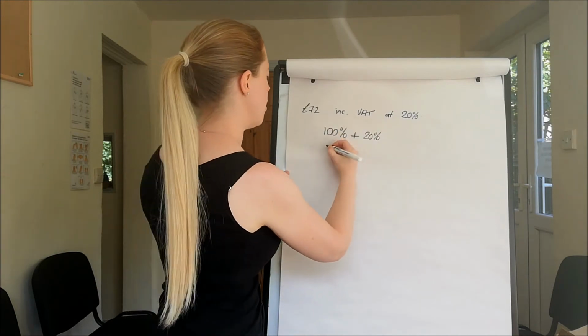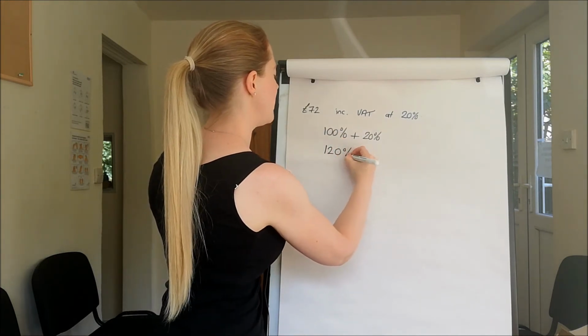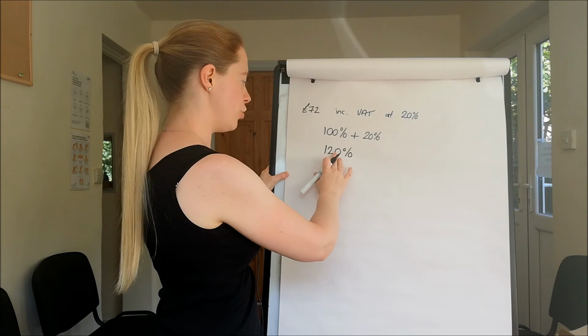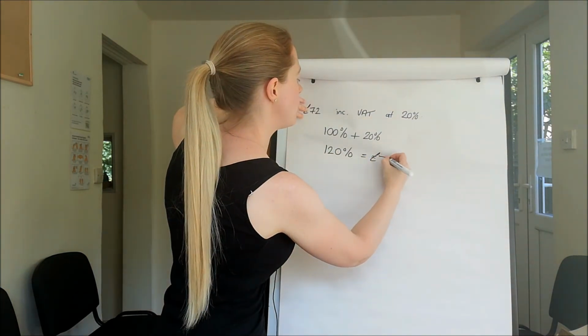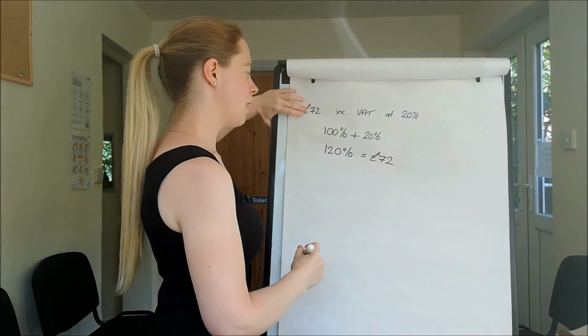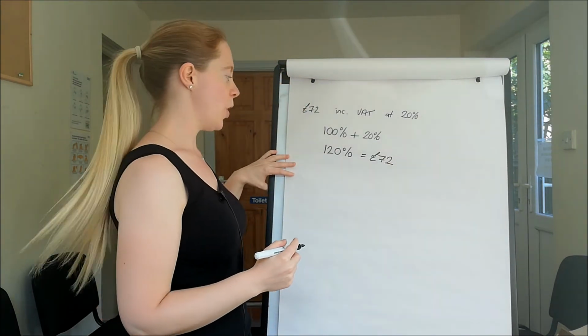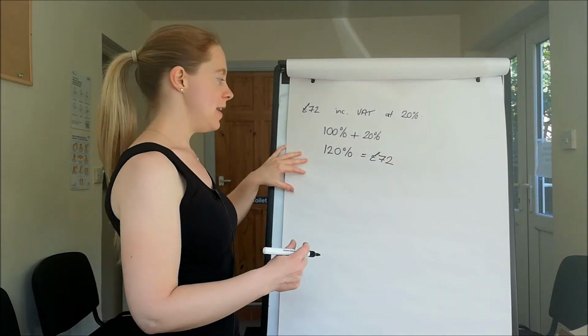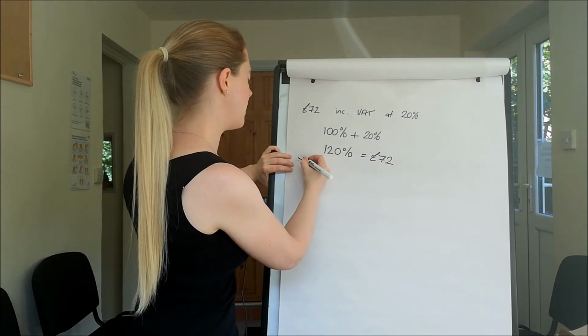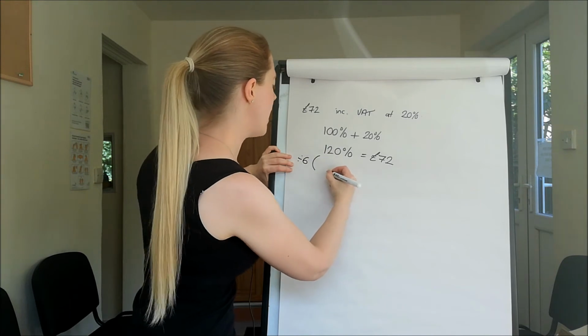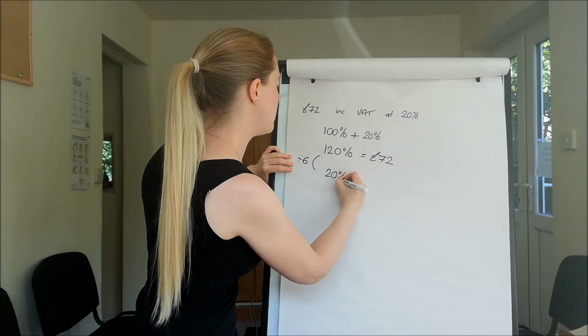We have here 120%. So 120% equals £72. And that would be our starter point. Now, if I divide that by 6, that will give me 20%.